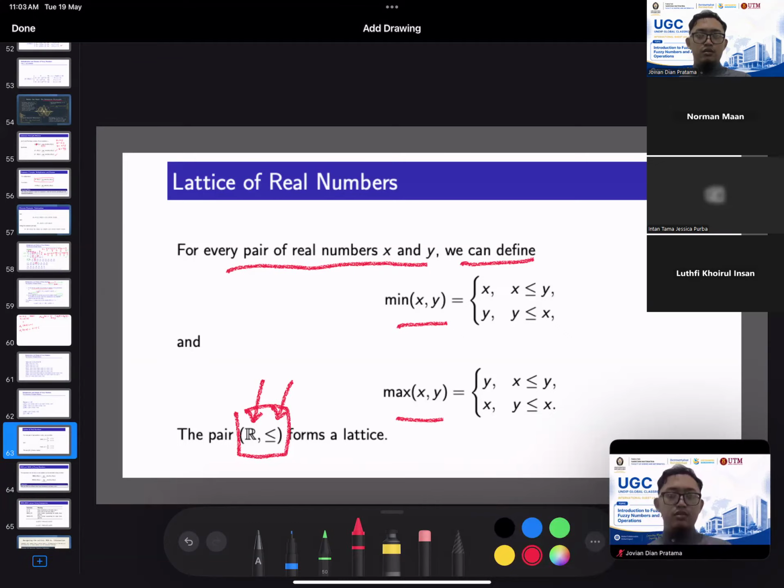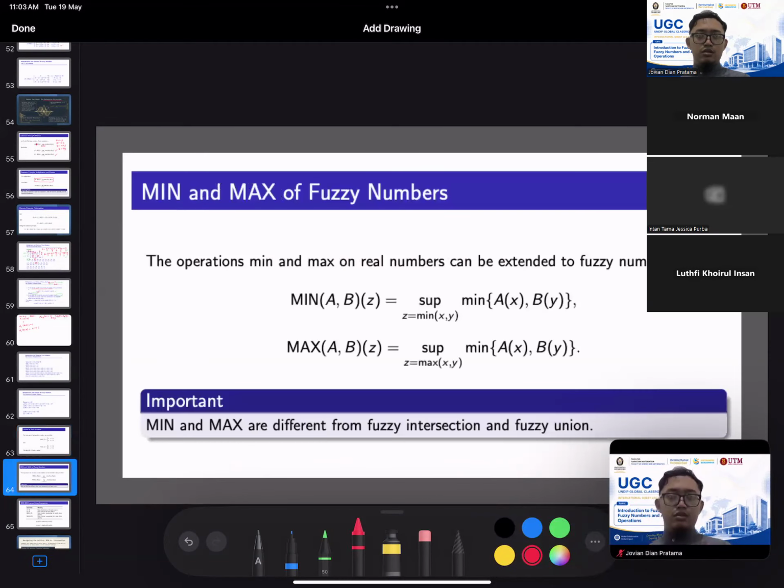Then we go to the maximum and minimum of fuzzy numbers. So you look into this one. I already included it in my notes that I shared with Pak Jovian. Maybe Pak Jovian already shared it with all the students. You can refer to it further. Also inside my video yesterday, I showed you how the minimum and maximum operations can be done.